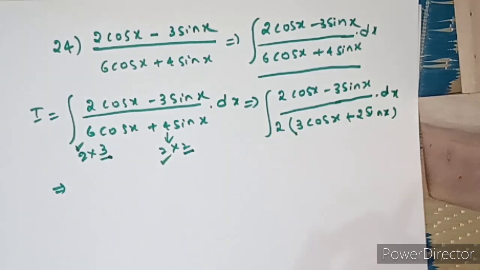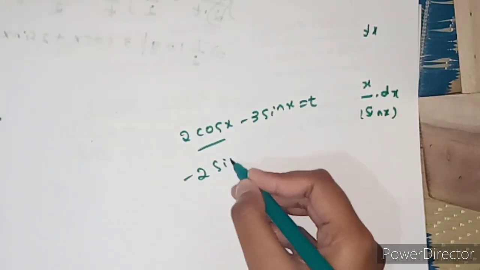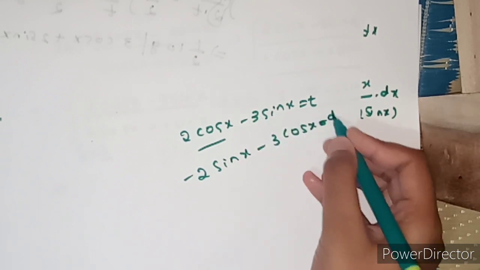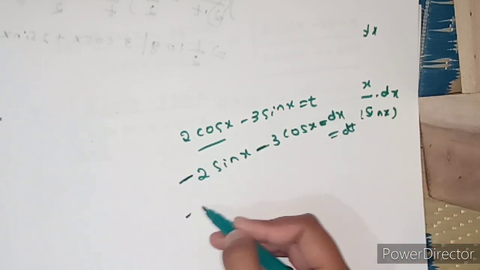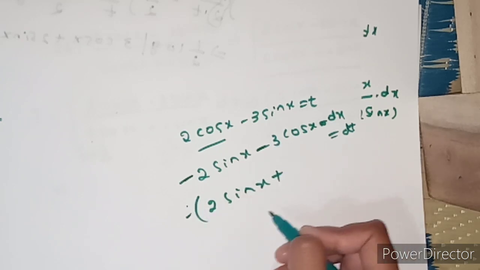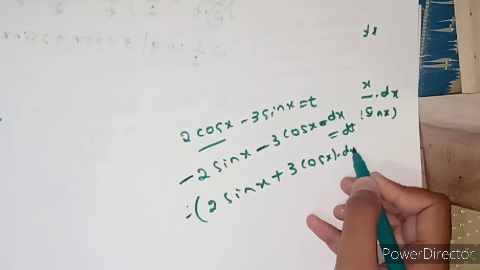Let me show you by using the pen. See, the derivative of 2 cos x is minus 2 sin x, and here minus 3 cos x, and this one is dx into dx equals dt. If I take this minus outside, 2 sin x, and minus into minus is plus, so 3 cos x into dx is equal to dt.